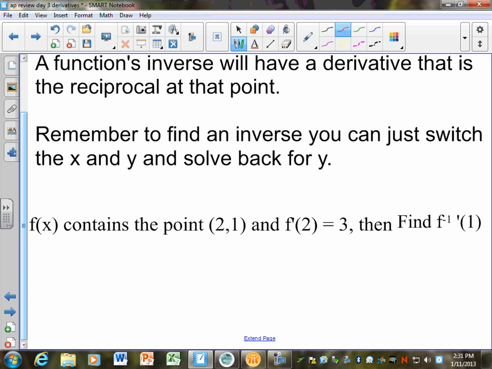It just says f of x contains the point (2, 1), and f prime of 2 equals 3. Find the inverse derivative at 1. So, first of all, remember that the definition of an inverse is if f of x contains the point (2, 1), then we know that the inverse has to contain the point (1, 2).